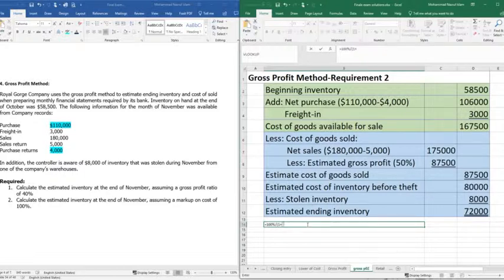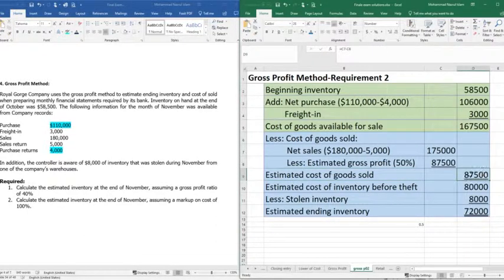Actually you can say 1 over 1 plus 1, that is 50%. So this is the estimated cost of goods sold. The estimated cost of inventory before theft is 80,000 and the stolen inventory is 8,000. So the estimated ending inventory would be 72,000.